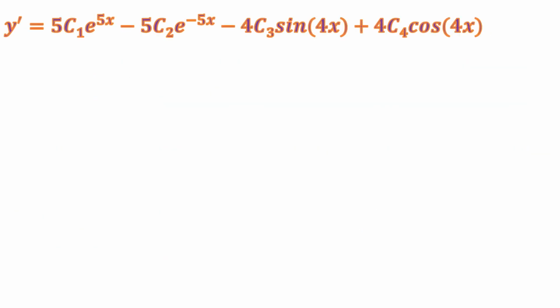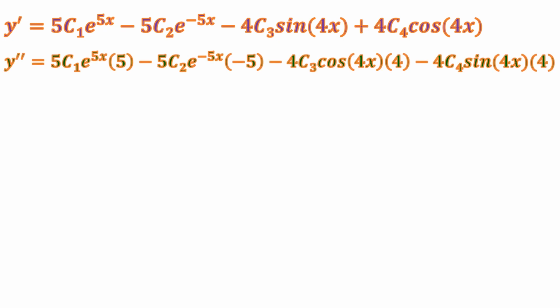So this was the first derivative, and we're going to find the second derivative out of this. So for the second derivative, get the derivative of each term. e raised to the 5x is e raised to the 5x times 5. So it's actually the same procedure for e, but for the cosine and sine, the derivative of sine is cosine, and the derivative of cosine is negative sine.